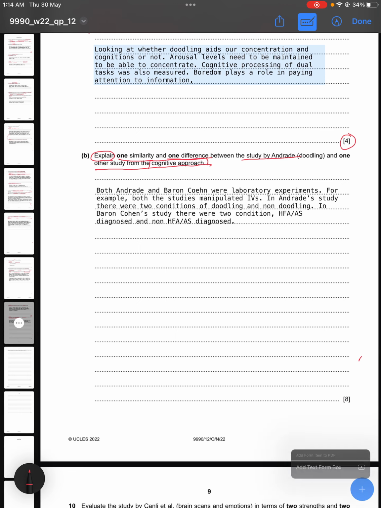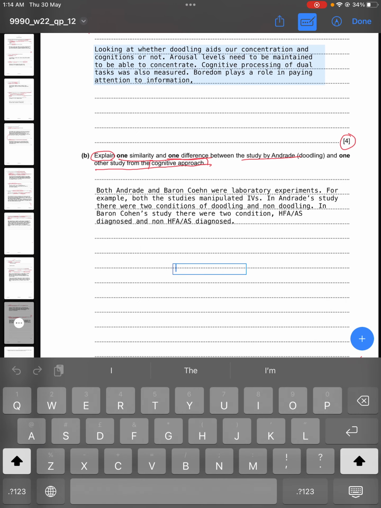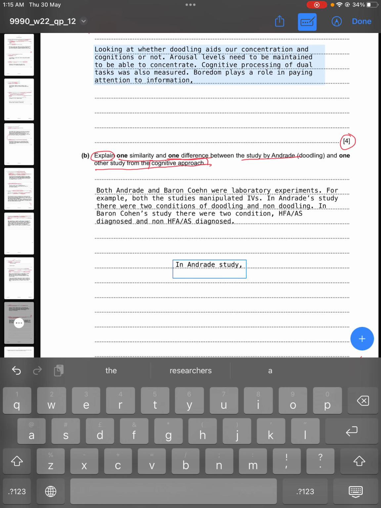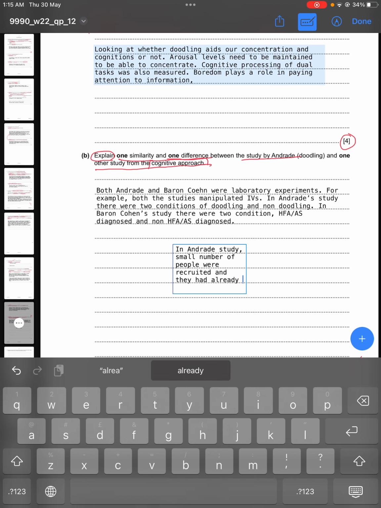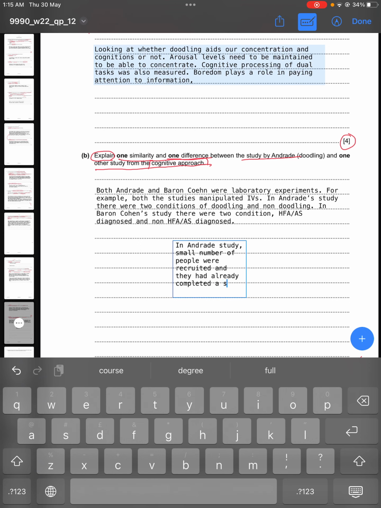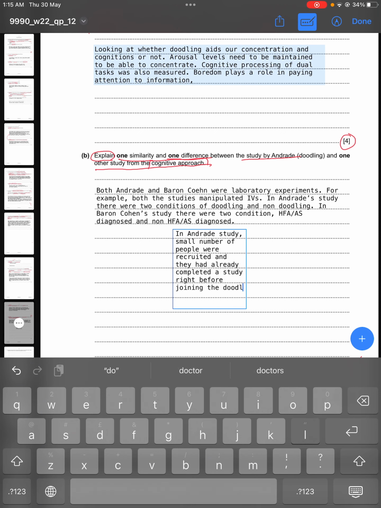And then you can use one difference from sampling, maybe that in Andrade's study, a small number of people were recruited and they were already done, and they had already completed a study right before joining the doodling study.